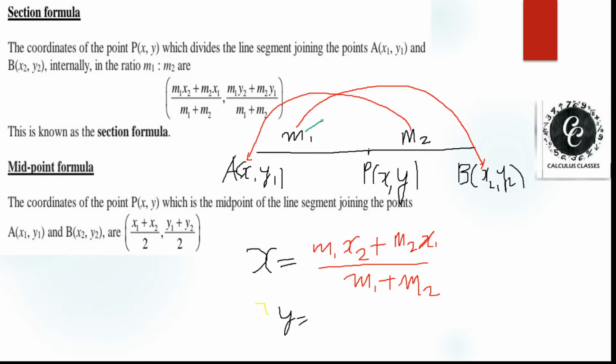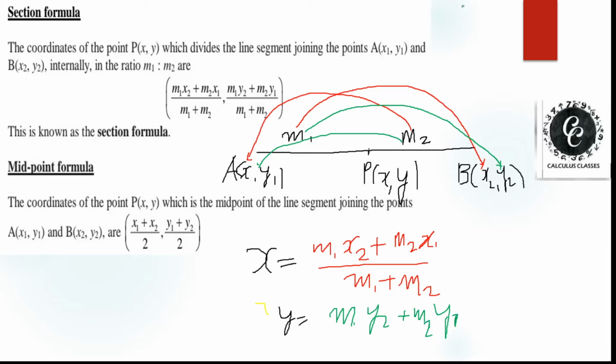This m1 will go to this y2, so what we have to write is y2, plus again this m2 will come to y1.